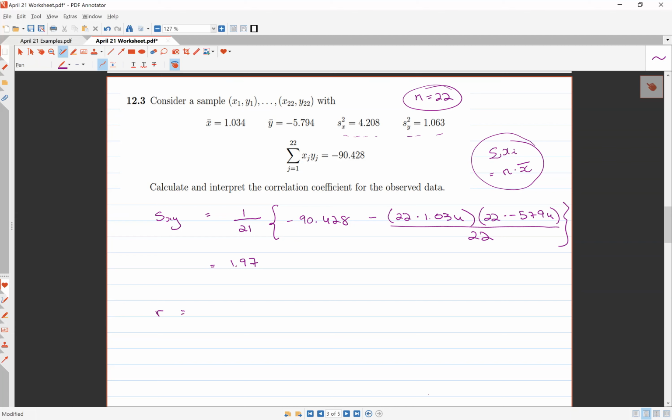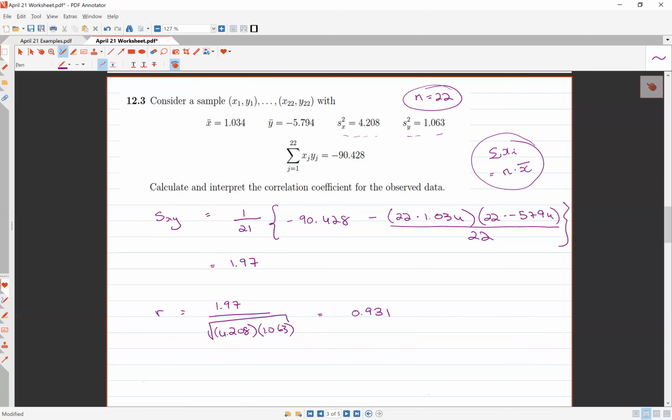So at this point, we can calculate the correlation coefficient. Take that covariance divided by the square root of the product of the variances. And in this case, you'll get 0.931.